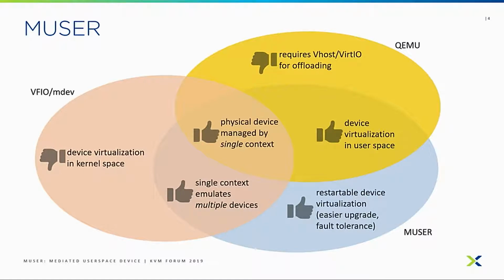At its core, it's essentially a vfio kernel driver that simply relays operations into a user space process. MUSER is not specific to QEMU, much like vfio mdev, but QEMU is our main use case. Now, Swapnil will explain how MUSER works under the hood.